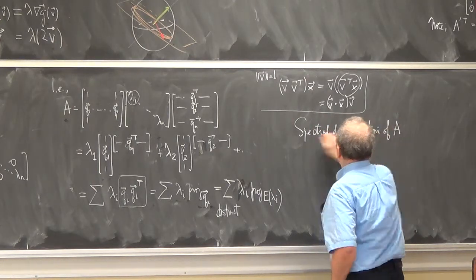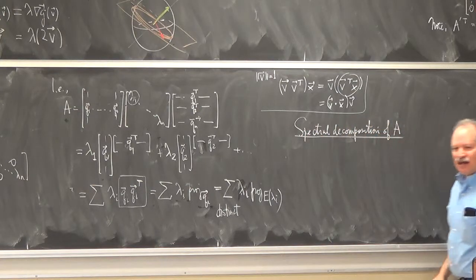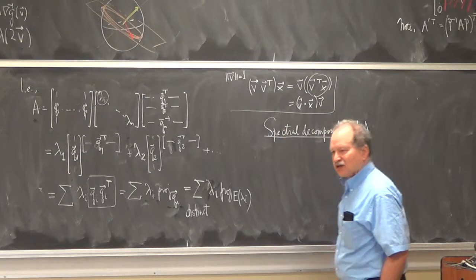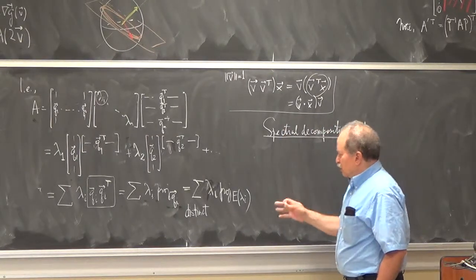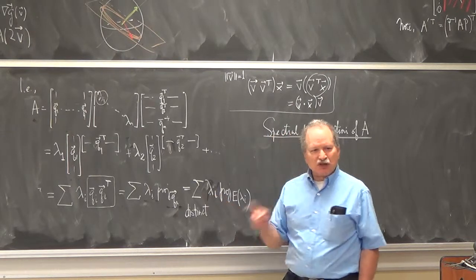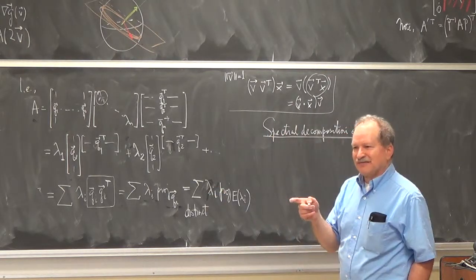of A. And this is why I think it got named the spectral theorem, because of physical applications. These eigenvalues are like the spectrum that you see when you do spectrography.